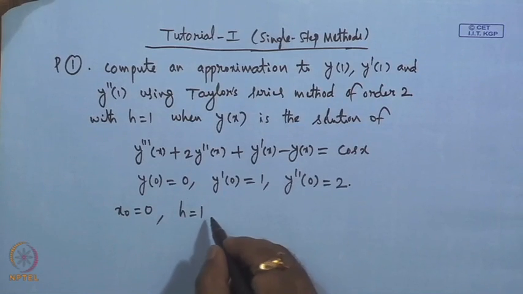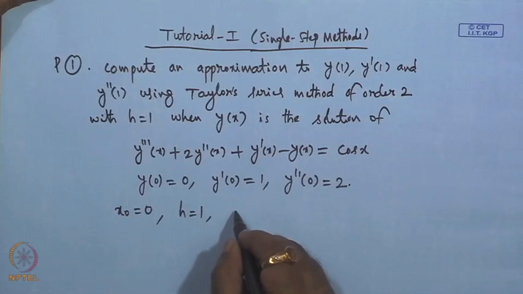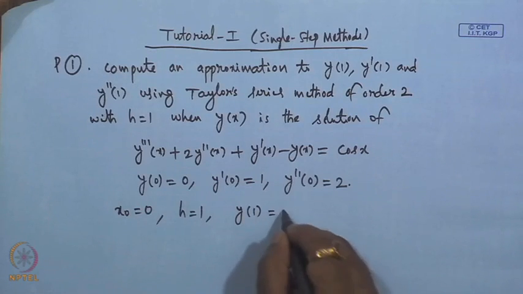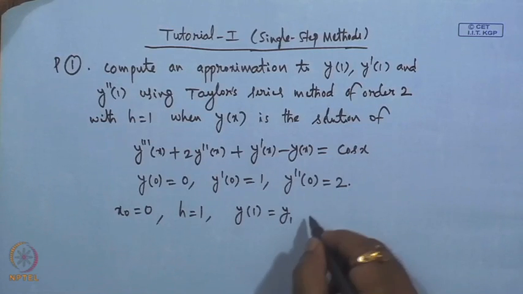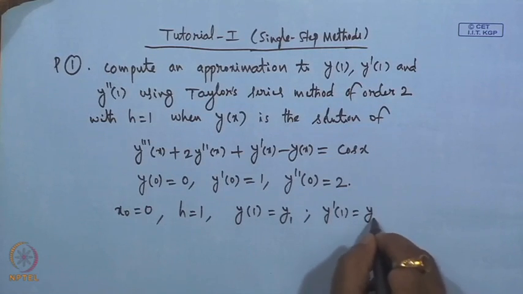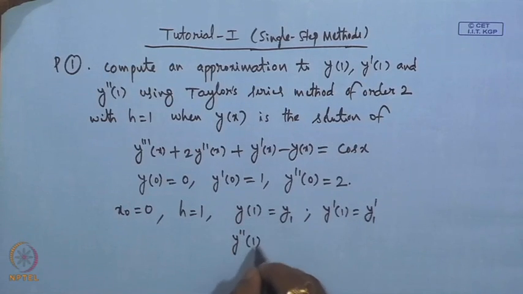Now we are asked to compute approximations for y of 1, which is y 1, y dash of 1, and y double dash of 1.